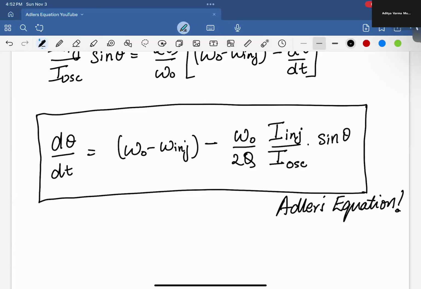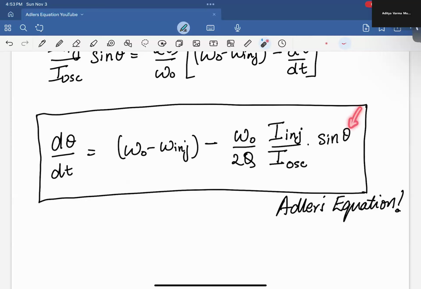Okay, so what is it, right? It's called Adler's equation, but what it really is, it's describing the dynamics of theta as a function of many things. It's a function of the free running frequency, the injected frequency, the quality factor of the tank, the injected signal's current strength, the free running oscillator's amplitude, and that's it.